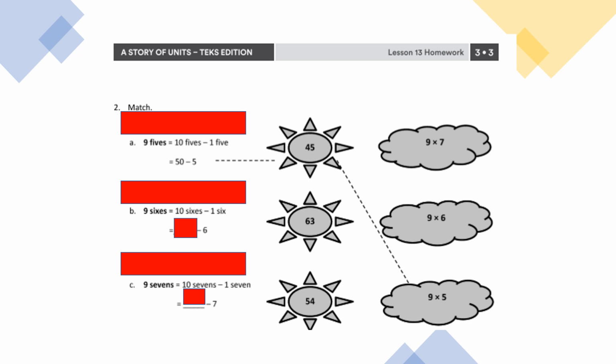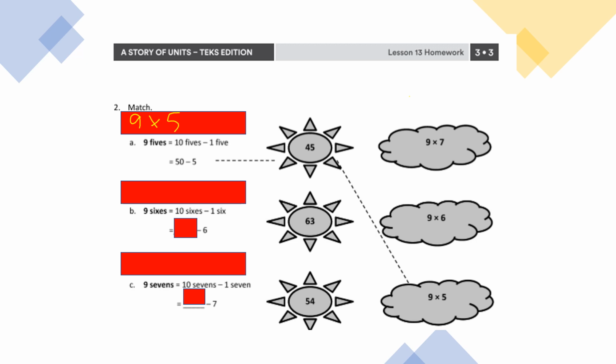Okay, so let's look at 2A. It says 9 fives equals 10 fives minus 1 5. Now, how do we write 9 fives as a multiplication equation? 9 fives is the same thing as saying 9 times 5, right?